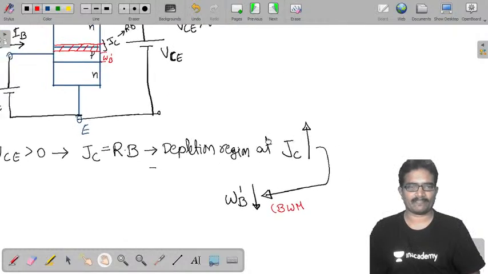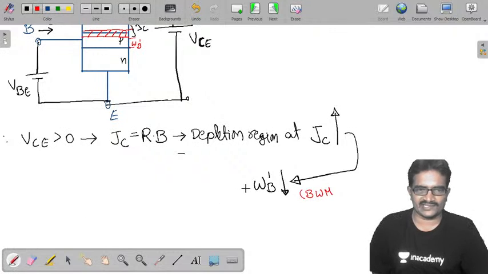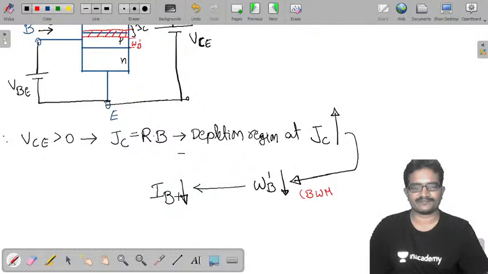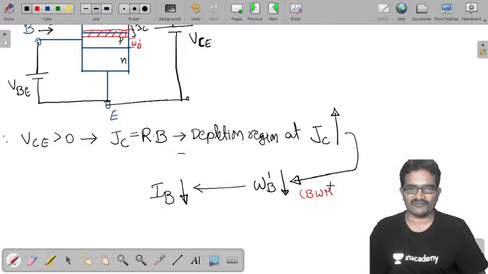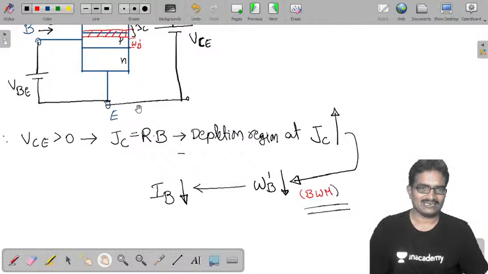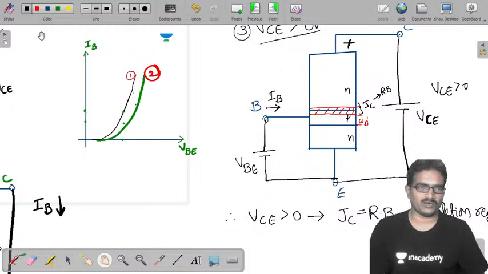Is it okay? Once base width modulation is taking place, as we already know, your base current is going to decrease. That is what we need. The resultant of base width modulation is that base current is going to decrease. Now I am going to represent the same thing on this plot.